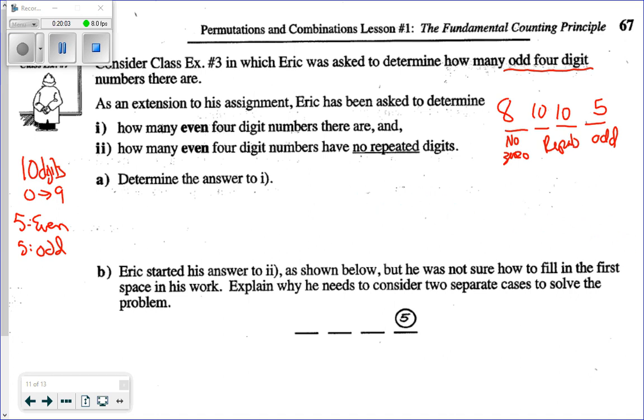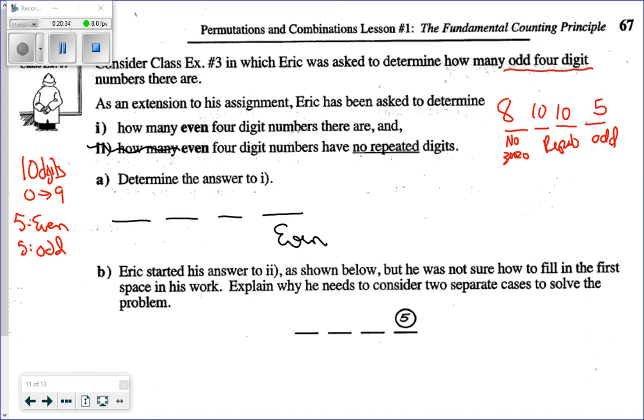So right here, it says how many even 4-digit numbers there are. So we're only going to do part I. We're not going to do part II. So again, this time we want to end it with an even number.